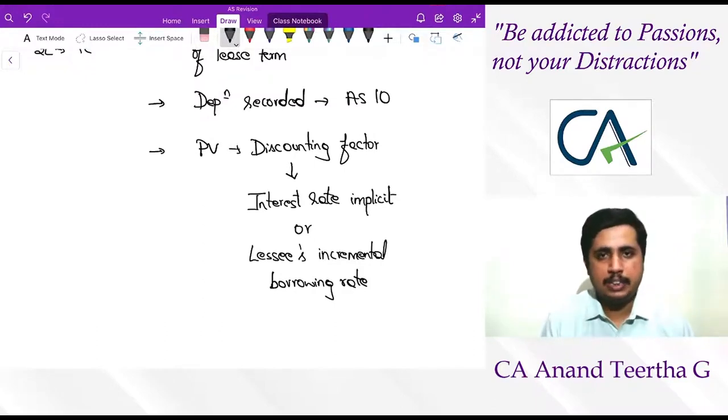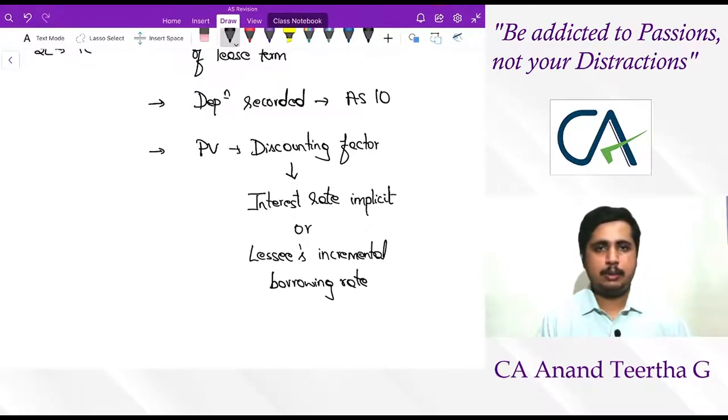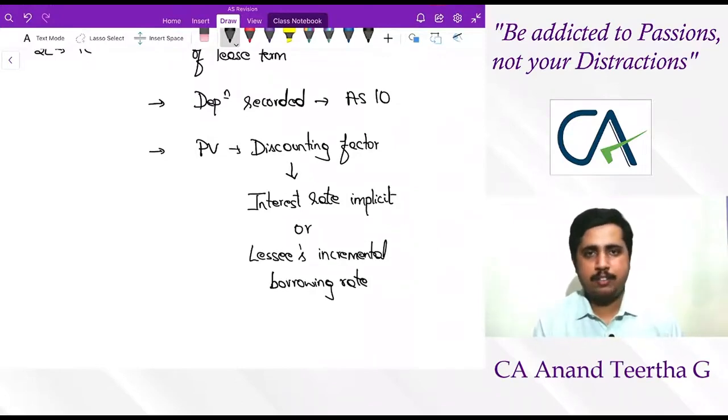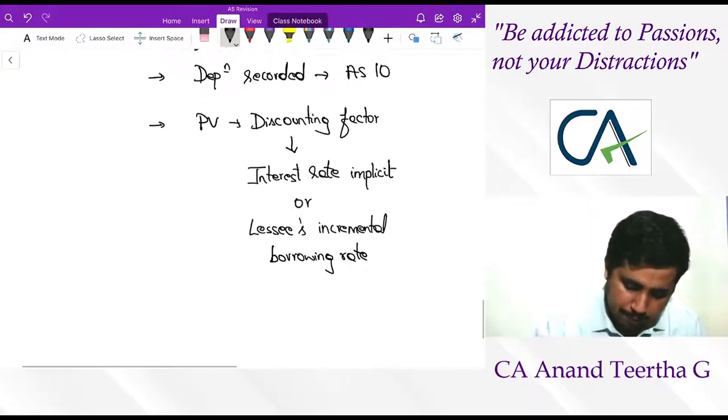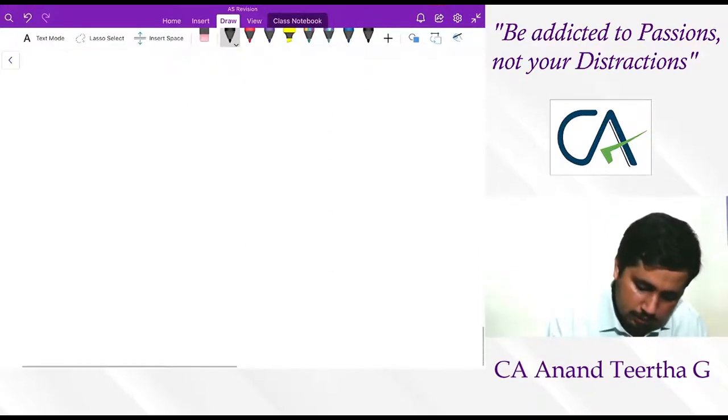So whatever we discussed now is finance lease, how it should be recorded from the lessee's point of view. This is how it is supposed to be done. Asset will be recorded, liability will be recorded, finance charge will be written off over the life of the asset, and so on. Those things you have to cover up. Once you see these formulas and all, I hope it will be very easy for you to bring it up.